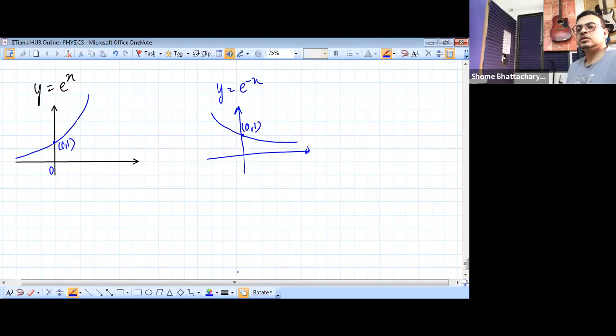This point over here. So now if you look at the graph of, for example, e raised to the power minus of mod x, what will that look like? So let me take the cue from this graph here. See how the positive side looks, and then draw a mirror image of it on the negative side.